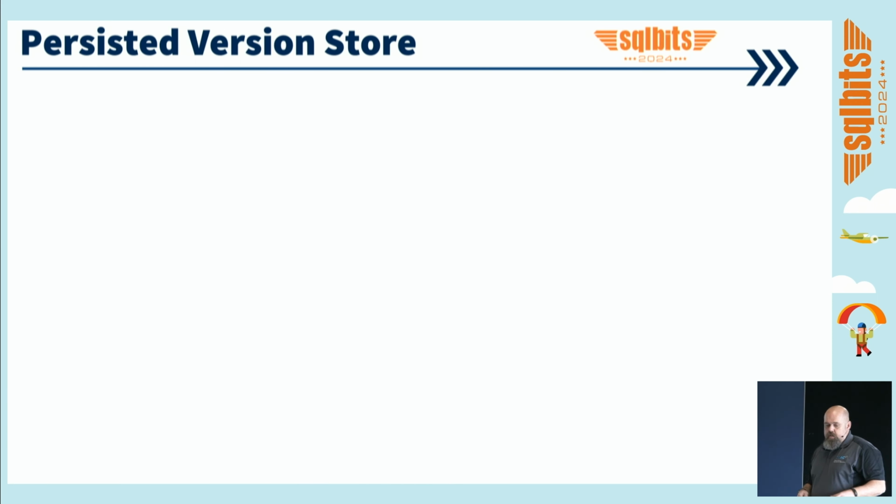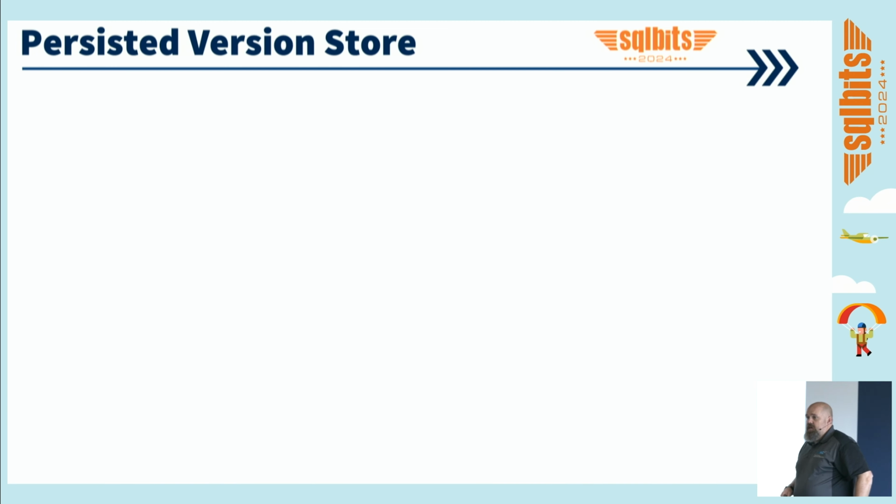Persistent version store. Who has turned on read committed snapshot isolation? A few people. Okay. If you've ever gone to my colleague Monica's session about TempDB or her precons, she talks quite a bit about read committed snapshot isolation. For those that don't know, read committed snapshot isolation allows readers to not block writers and writers to not block readers.